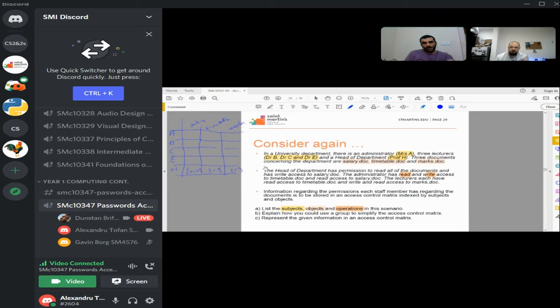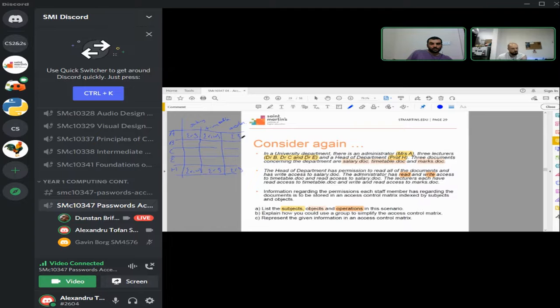And then we've got the administrator, who has read and write access to timetable, and read access to salary. When it comes to marks, she doesn't have any access, so we leave it as a set of empty curly brackets.